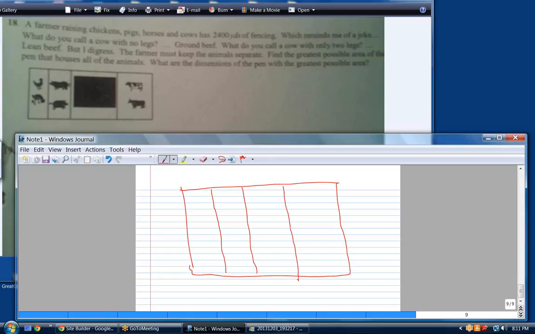Hold on a moment. These aren't equal areas, are they? No, I don't think so. And it doesn't matter. You're right. We can let the entire width be x and the entire height be y. So now what kind of equations can we write?